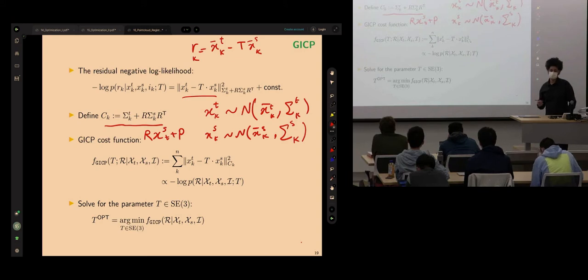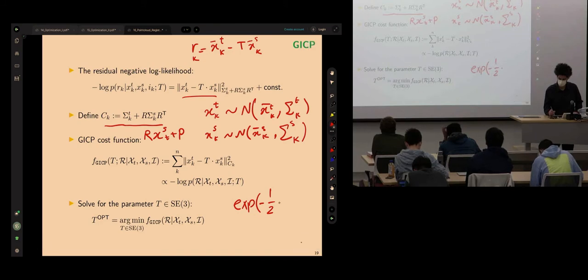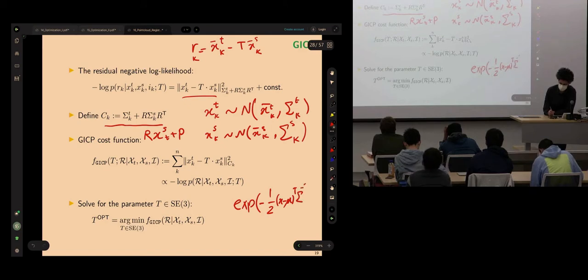Now, because this is a multivariate Gaussian distribution, you have the exponential of negative 1/2 x minus mu transpose sigma inverse x minus mu, right?